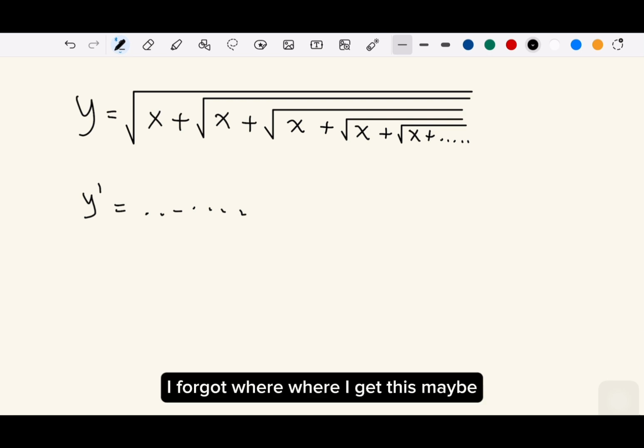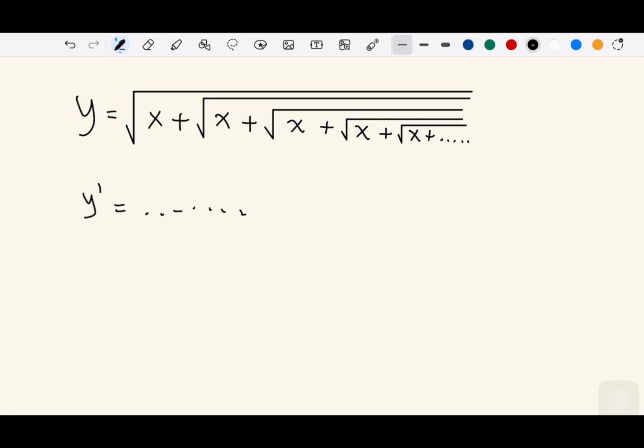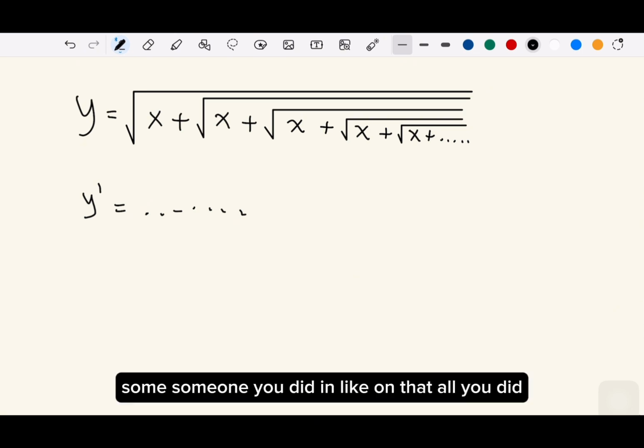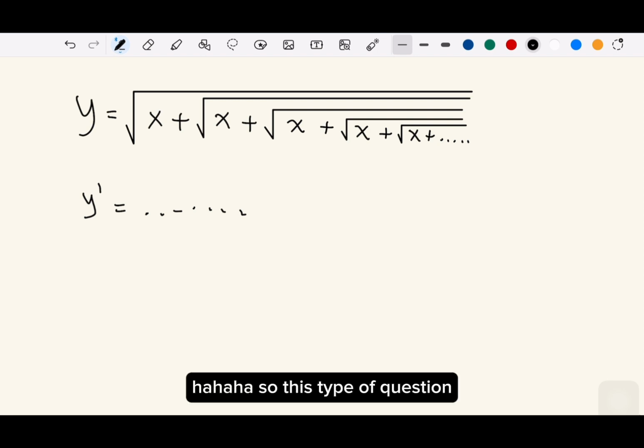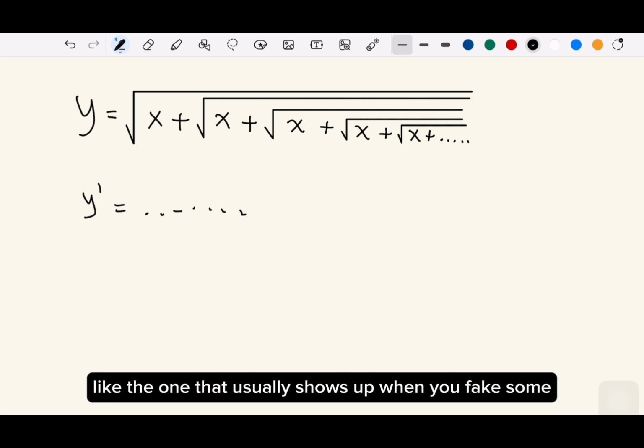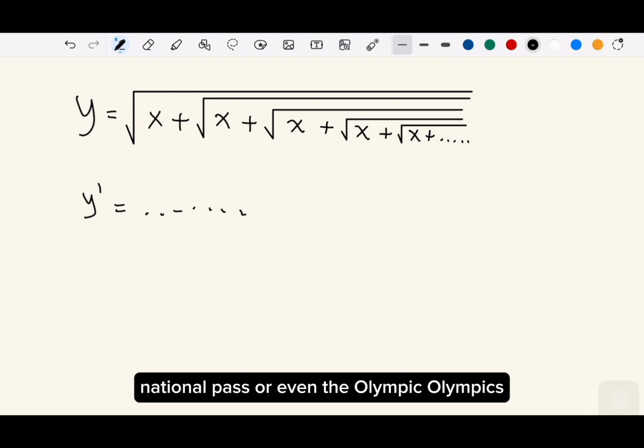I forgot where I get this question, but maybe someone using it in like a math Olympiad, I think long time ago. So this type of question usually shows up when you take some national test or even the Olympiads.